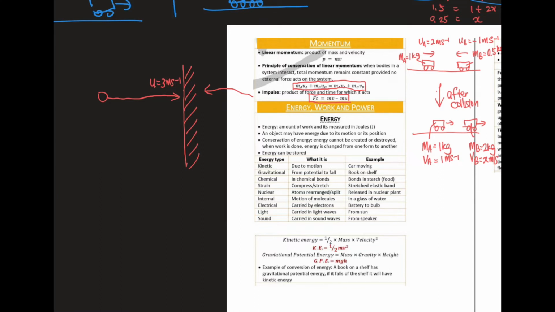So it knocks the wall and then rebounds. So let's say when it rebounds, the v is, let's say, 2.5 meters per second.